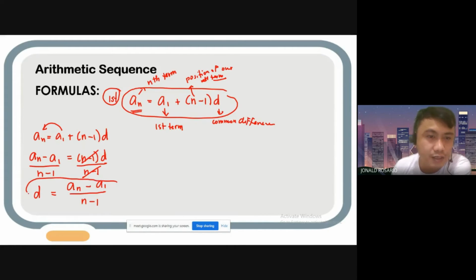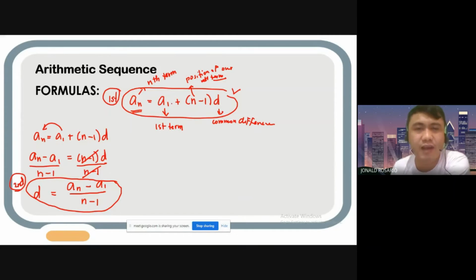So, this is the second formula for our arithmetic sequence. Okay? Pagka ang hinahanap natin ay si n or si a sub 1, ito na lang gamitin natin. Hindi ko na kailangang i-derive pa. Dinerive ko na lang ito kasi common problem talaga yung pagkuha ng difference given tayo ng a sub n tsaka a sub 1.